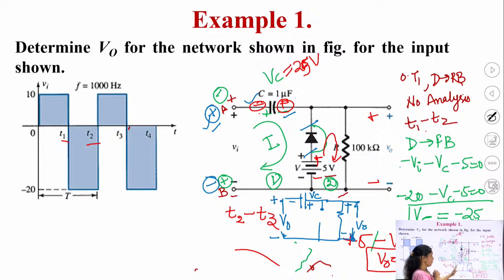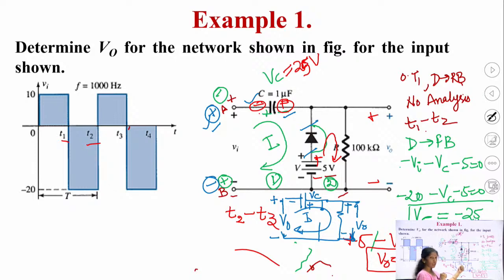Now, we have to write the KVL again using the current direction. In order to simplify the problem, I always take the direction of the current in the clockwise direction, so that if the sign is negative in the output voltage, then we can say that we should have taken this current in the opposite direction.